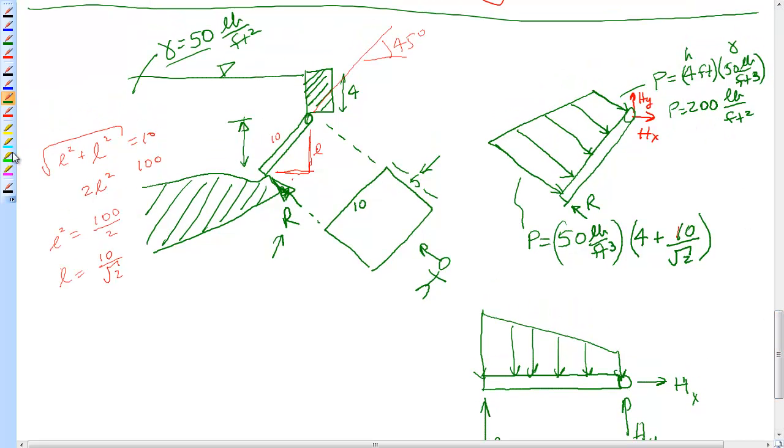Now you have to remember, I did this and it's feet squared. What you're used to seeing is per running foot. So the load on this end is 200 pounds per foot squared times this depth right here, which is 5. Now here's the key. You can do this as long as you take a delta x here, or say call this a dy, and this length stays the same as you run up and down here.